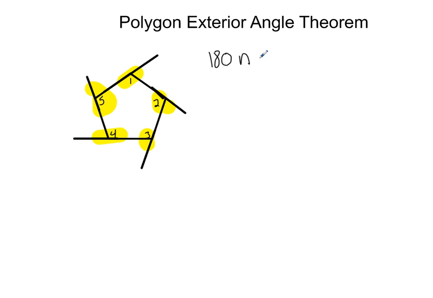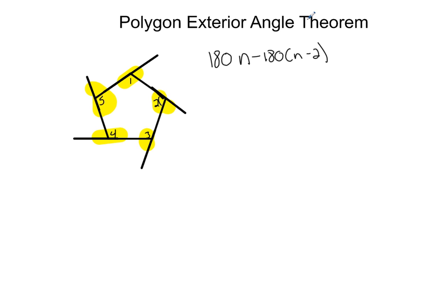But I'm not wanting the inside as well. I'm just wanting the outside. So I've got to take away all of these interior angles. And I know how to calculate the sum of the interior angles already. I've got to subtract that from it. That's going to be 180 times n minus 2.